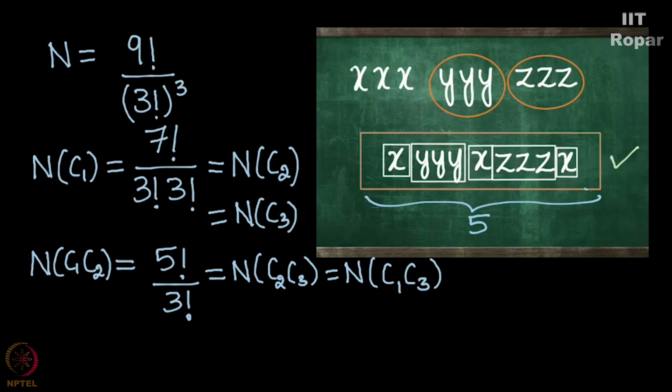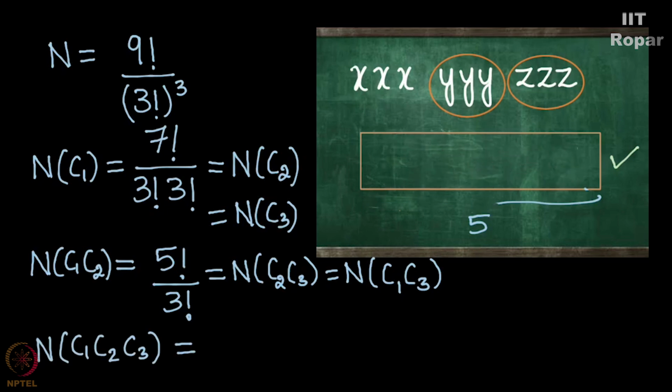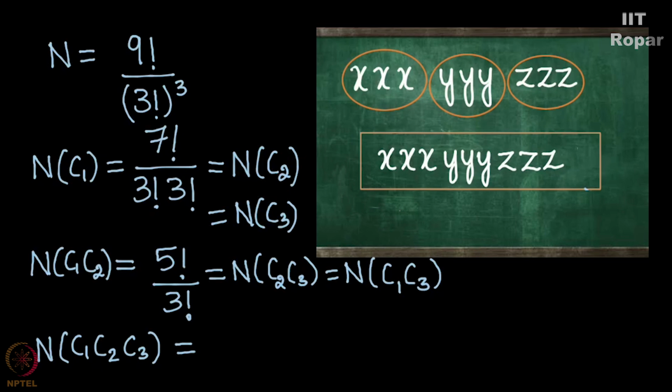What is n of C1 C2 C3? Those arrangements where xxx, yyy and zzz will appear. Let me try showing you how it is going to look like. xxx, yyy, zzz is one such possibility. Now, I'm going to consider xxx as 1 unit, yyy as 1 unit, and zzz as another unit.